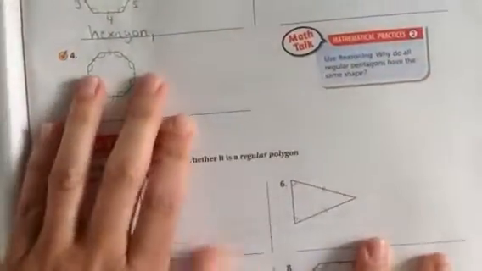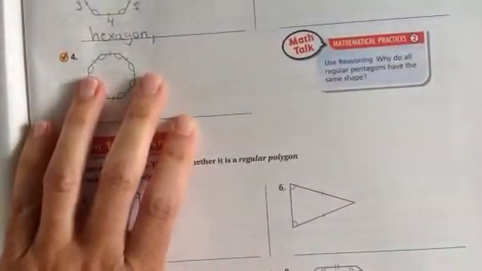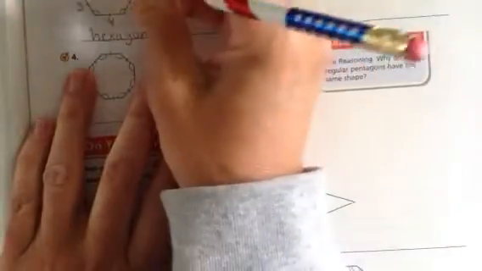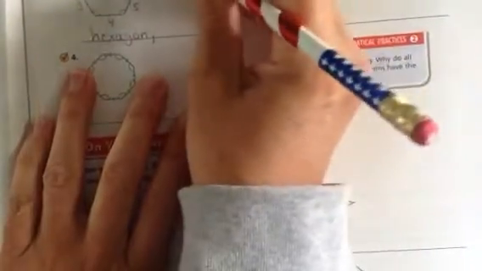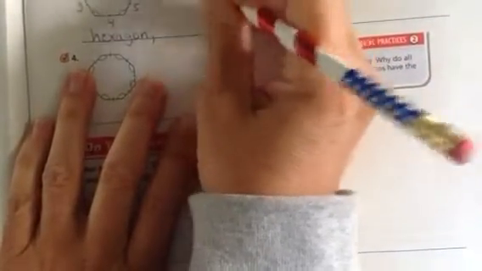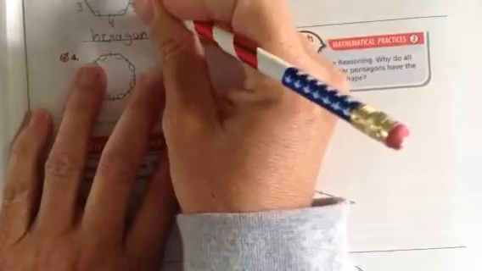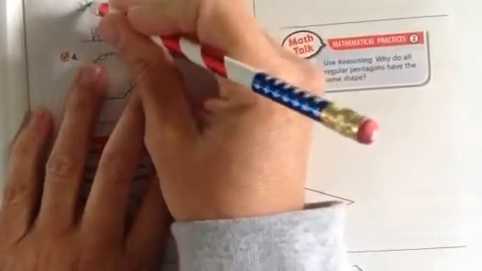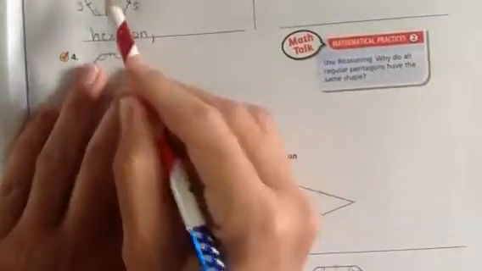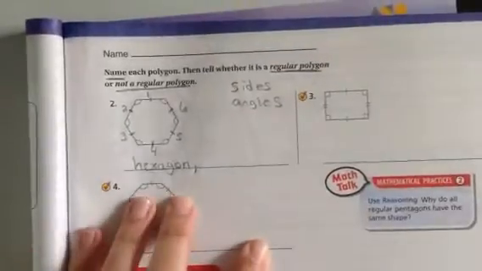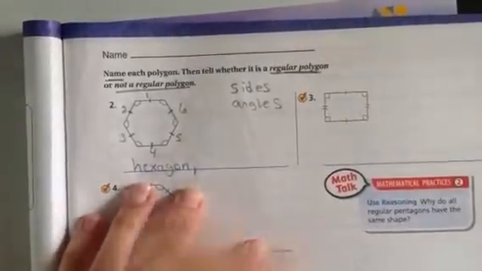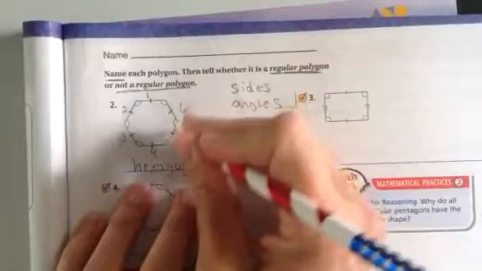Okay, now we need to decide if it's a regular or not a regular polygon. So we're going to look at the markings. We're looking at the sides and the angles. If they are the same, 1, 2, 3, 4, 5, 6, they all have the same number of markings.